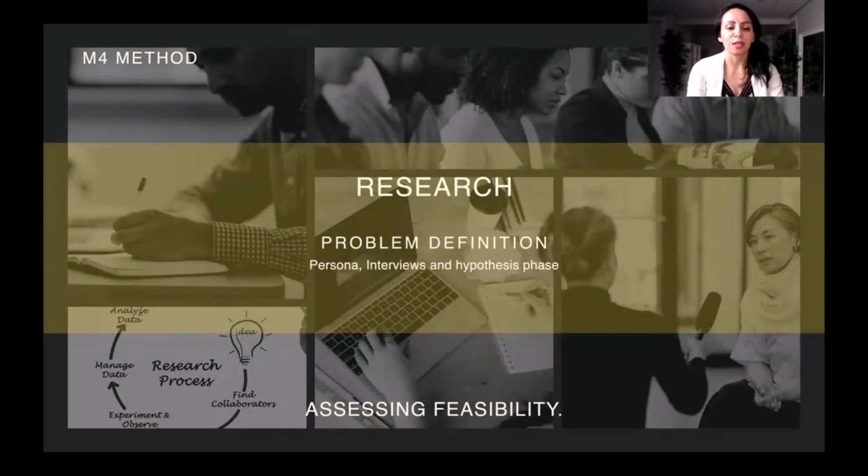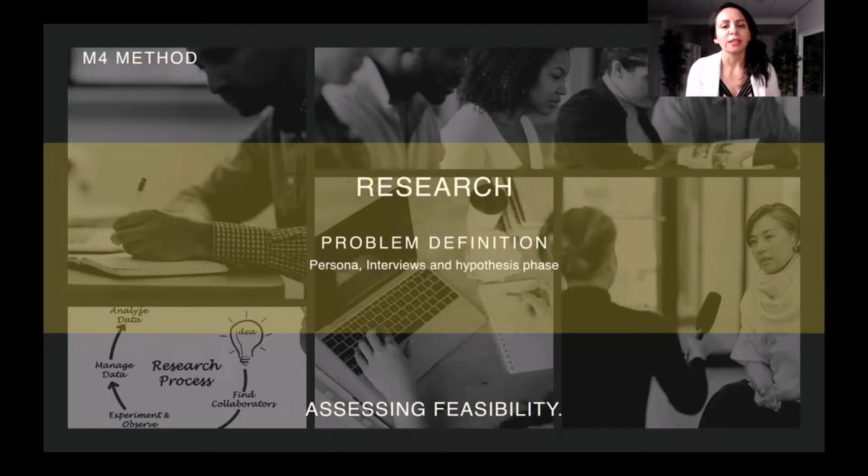So beginning with the research phase, we have this problem definition where we're speaking here about the definition of the persona. As I mentioned previously, we go through interviews asking the potential users about the problem definition, the motivations, and what could be potential issues with using that, like assessing some risks.